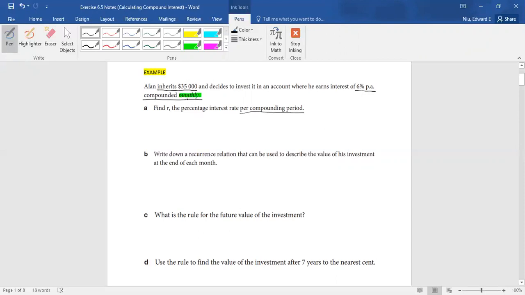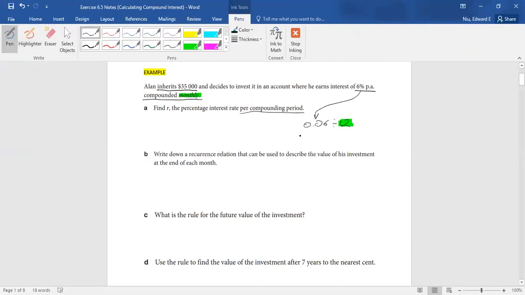Right, so it's being compounded monthly, so what we do is we take this 6% and we turn it into a decimal, so 0.06, and we divide that by 12, because there are 12 months in a year. Remember, this is why we did that pre-test. We divide by 12 because that's a monthly rate. I've color coordinated it here so you guys don't miss the link.